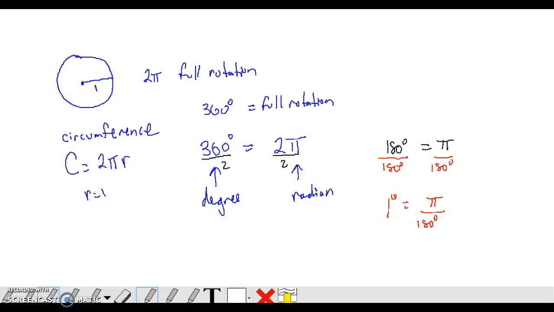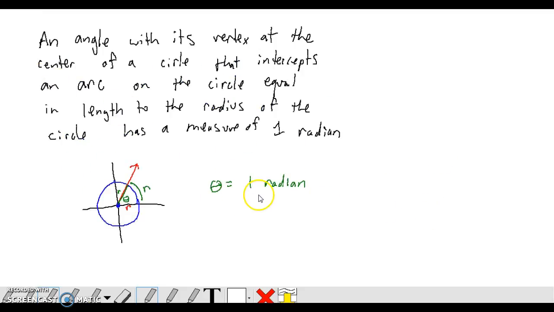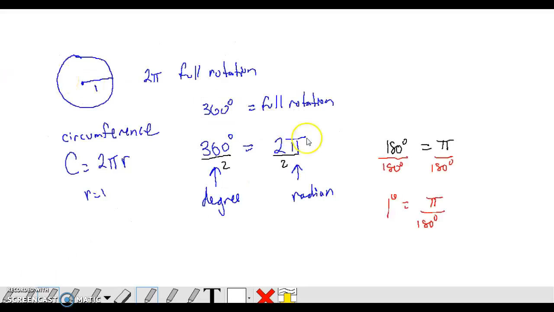Now, I want to know, what is 1 radian worth? That's what I actually want to know. So let's take it back to this equation where I said 360 degrees was equal to 2 pi. And if I divide both sides by 2 pi, essentially 360 and 2 will give me my 180. So really I'm just dividing 180 by pi. This will equal 1, which is 1 radian.